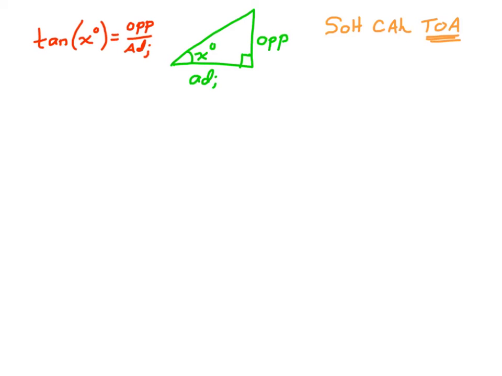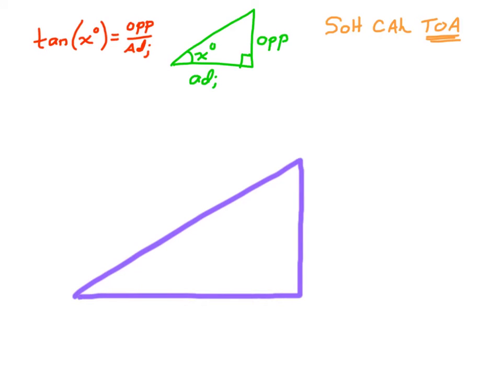Let's say you know a few things. You know that, well, let's do purple. Purple's good. Okay. You know that some flagpole, let's say a flagpole, is 100 feet tall.